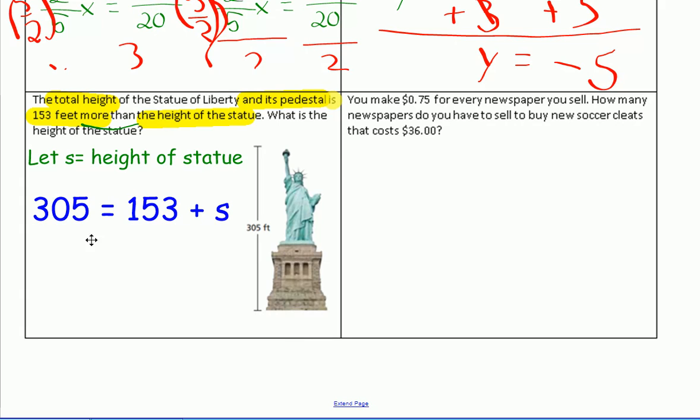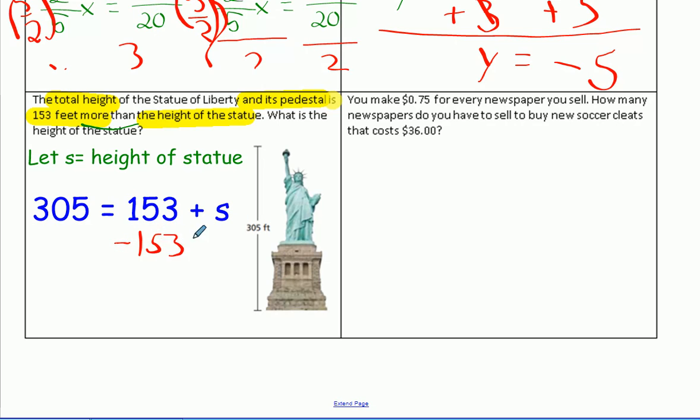The total height of the Statue of Liberty and its pedestal, that's 305, is 153 more feet than the height of the statue. Okay. Now that I have this, I read it a few times, I'm now going to solve it. Because this is adding, and I have a positive 153, I'm going to subtract 153 on both sides.